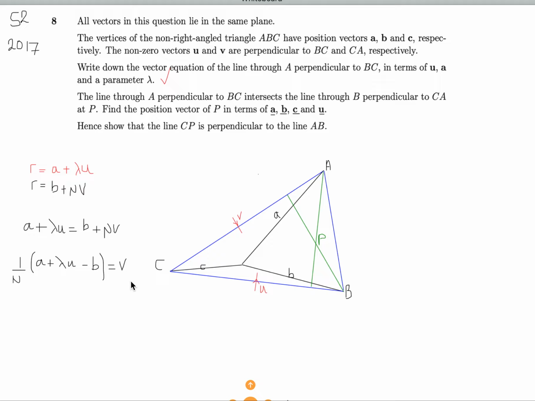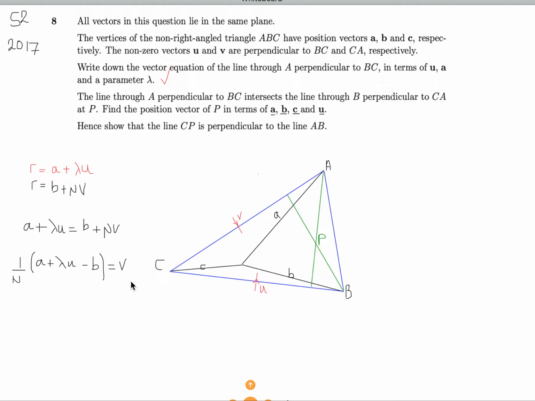With a lot of vector geometry questions, what they end up being is a case of dotting vectors together, because if we dot two perpendicular vectors together, we get 0.